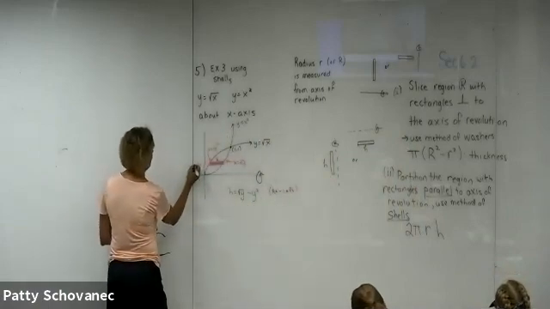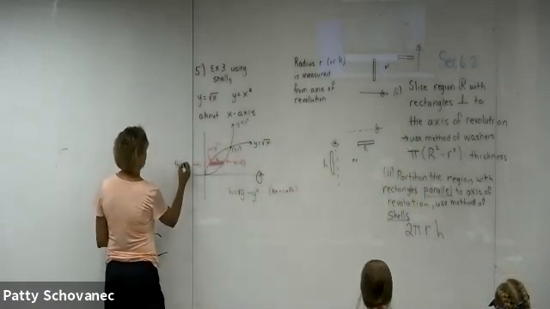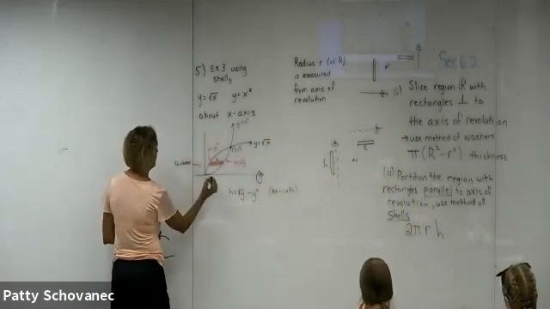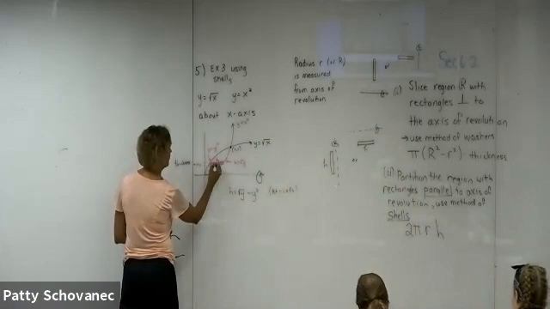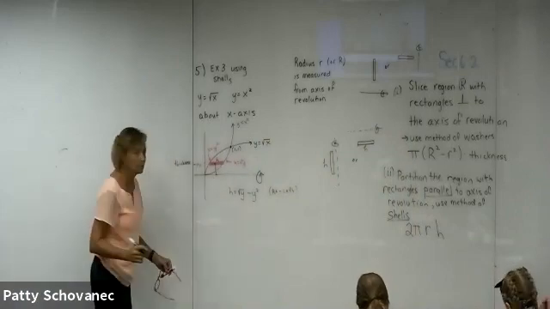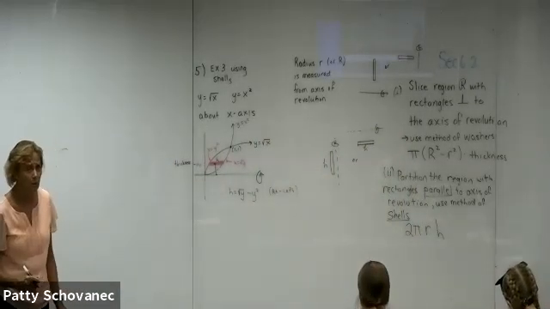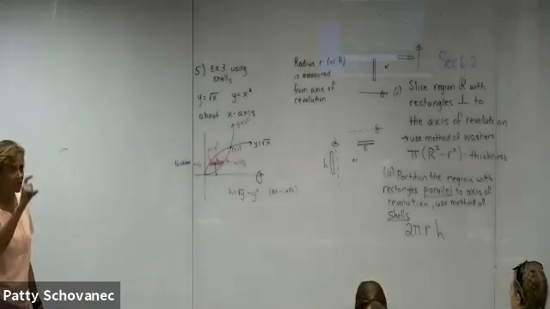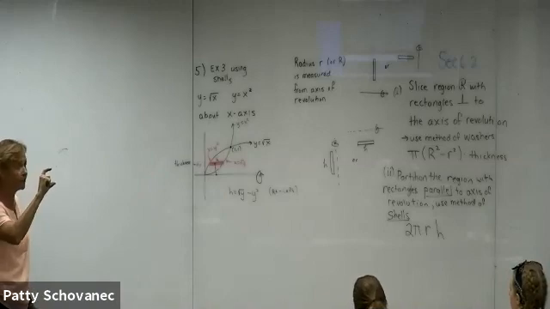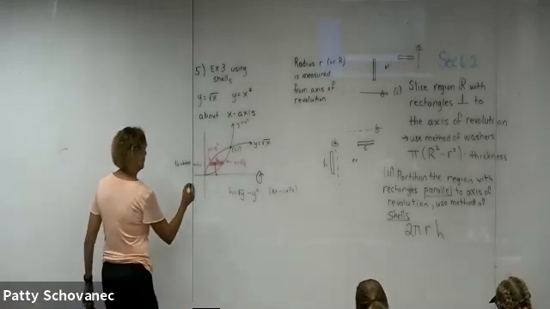Thickness is dy. So now we need r, and r is measured from the axis we're going around to the middle of that rectangle. What do you think? There's going to be some y value that lives in that region. So r is going to be y.